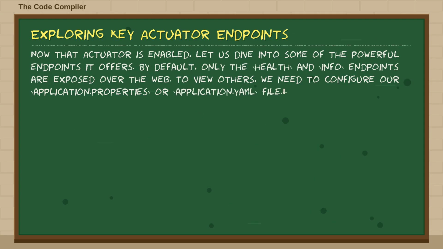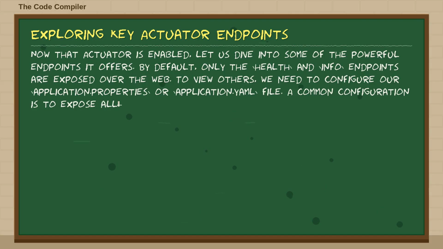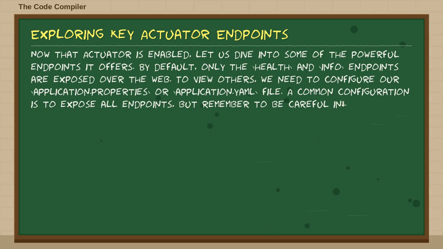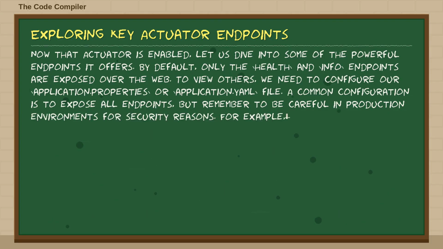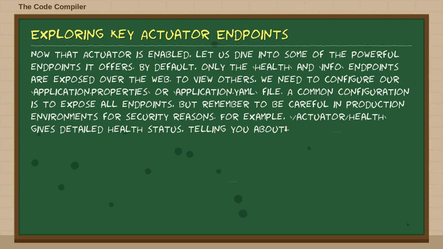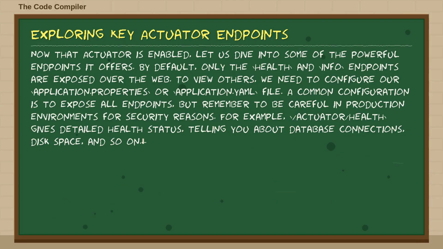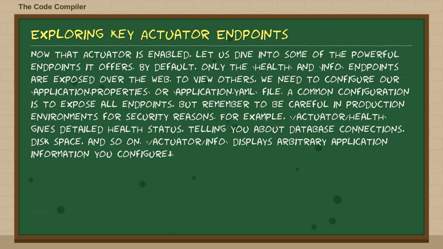A common configuration is to expose all endpoints, but remember to be careful in production environments for security reasons. For example, Actuator Health gives detailed health status, telling you about database connections, disk space, and so on. Actuator Info displays arbitrary application information you configure.